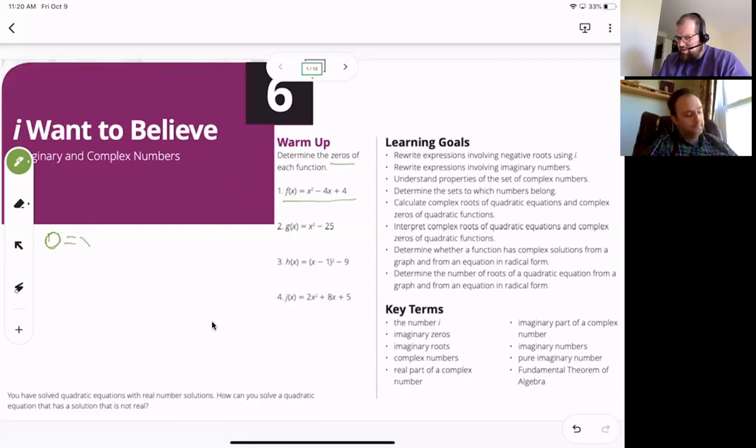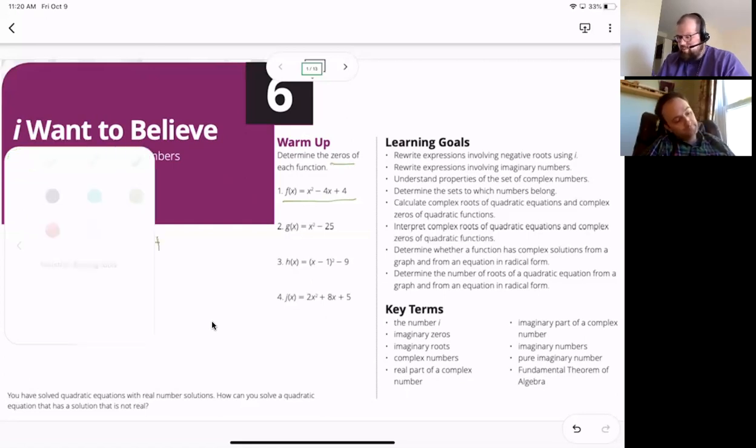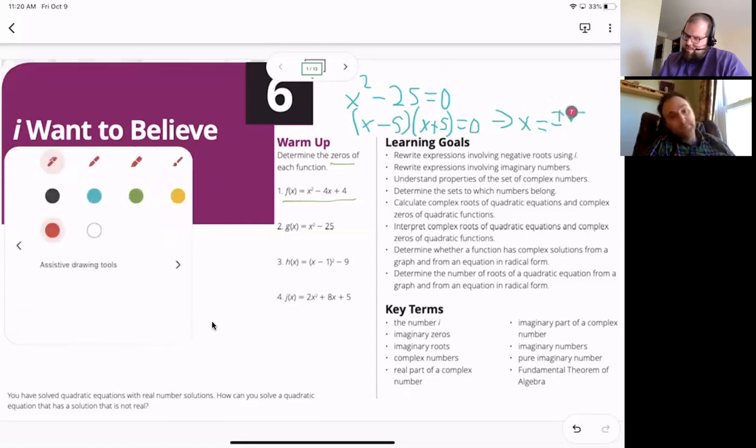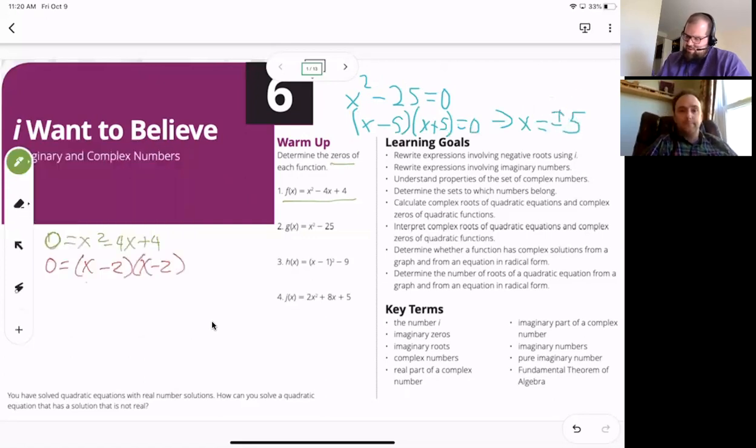So we got x squared minus 4x plus 4, and this looks factorable to me. So I'm going to factor this into 0 is equal to x minus 2 and x minus 2. That gives me zeros of x equals 2 and x also equals 2. So we really only have one that we would call a double root.